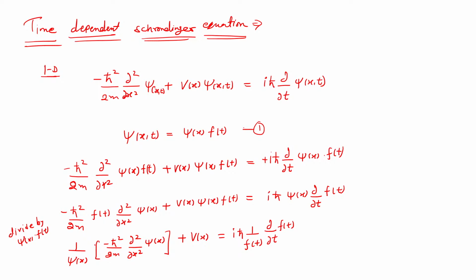Now you can see clearly that this side depends only on x. On the left hand side only x terms are there, and this side is completely independent of it, depending only on time. So this LHS depends on x and the RHS depends on time. If this is equal to this, obviously these are two different dimensions, one is x, another is time.